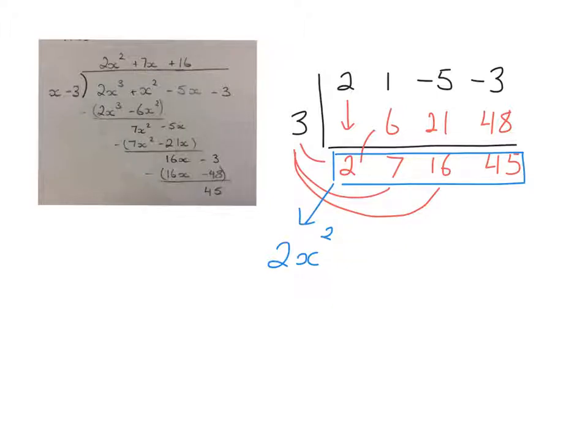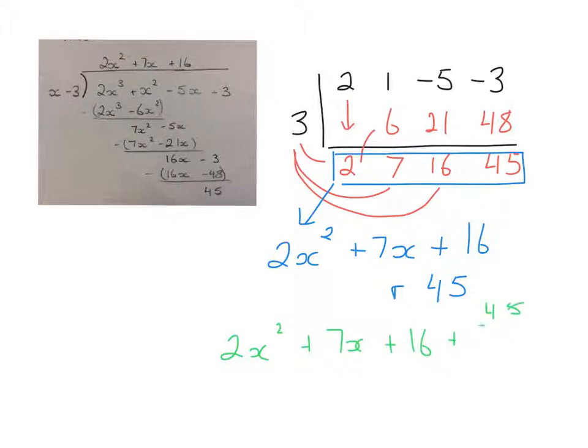The next coefficient is going to be plus 7, and I reduce the power by 1, 7x. The next coefficient, again, reduce the power by 1, is just 16, so the x disappears, and I have a remainder of 45. And again, if you recall the second way of writing this, we could say that it was 2x squared plus 7x plus 16 plus 45 over x minus 3.